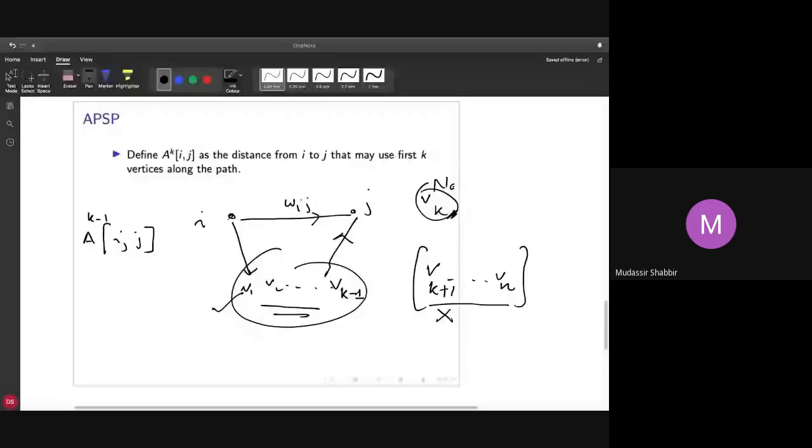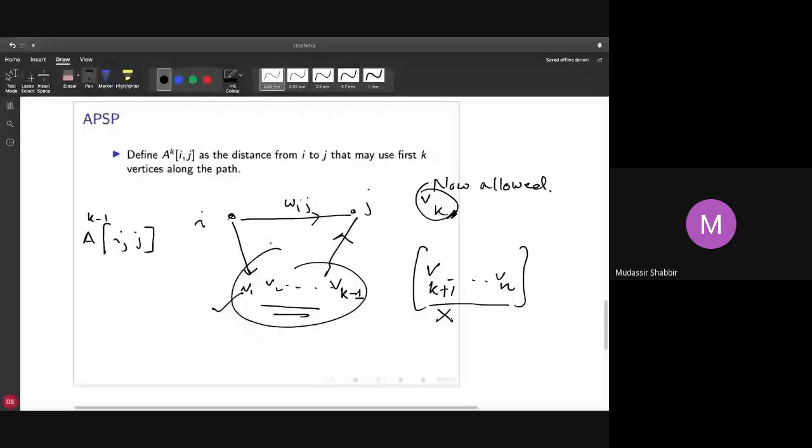Okay. All right. Now the question is, distance is always shortest. I'm looking for the distance which uses these k vertices now, but I already have the distance which uses these k minus 1 vertices. Okay.